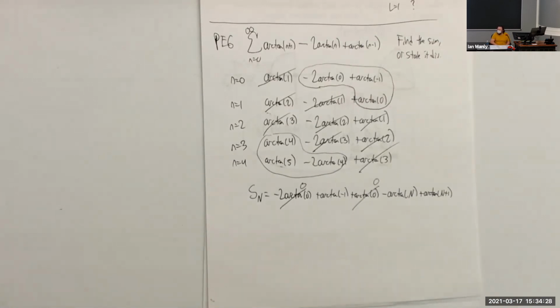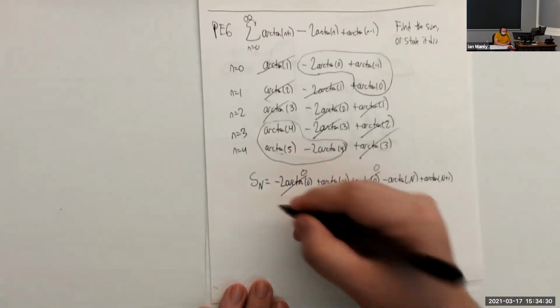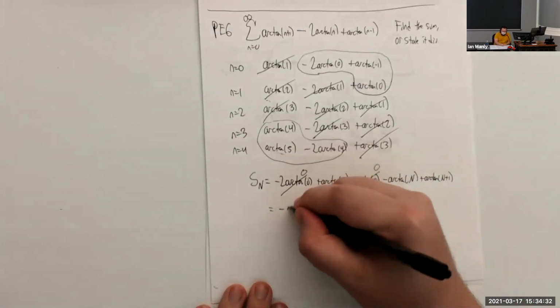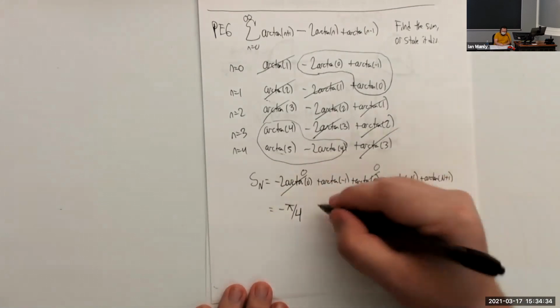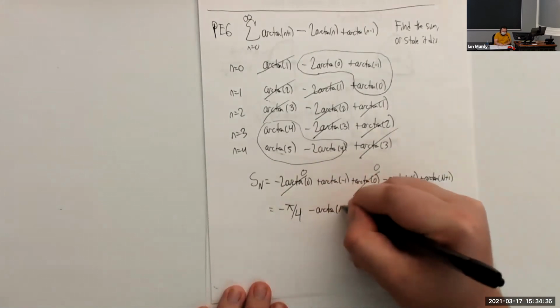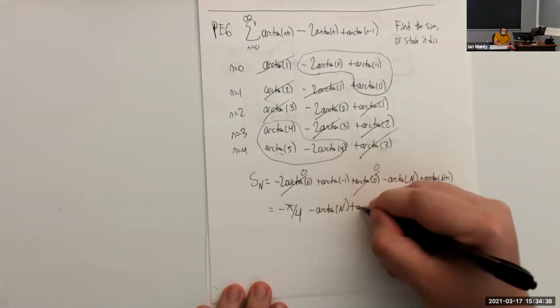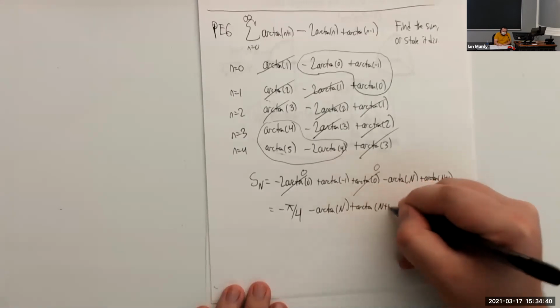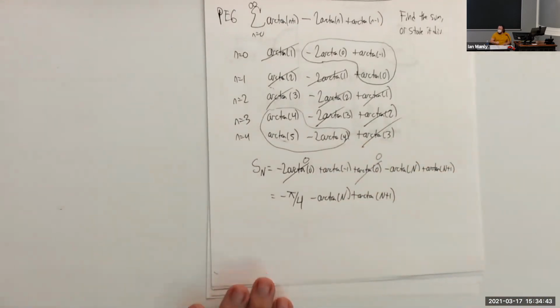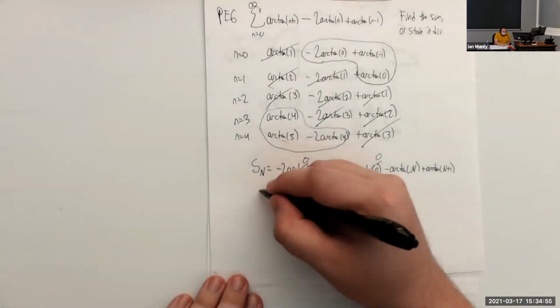Negative pi over 4. That's right. So this is just going to turn into negative pi over 4. And remember, arctangent values are always between negative pi over 2 and pi over 2. So we couldn't say negative 7 pi over 4 for that, even though that would also make tangent be negative 1. All right, so this is our sequence of partial sums.